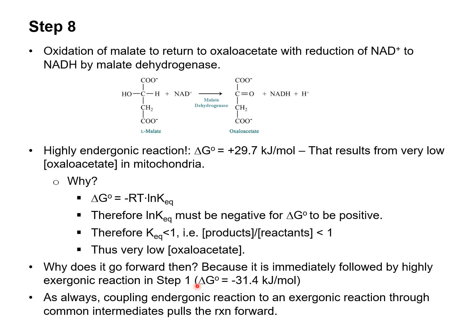And that delta G naught value is minus 31.4 kJ per mole, so even when you add these two delta G naught values, it's going to end up negative. So they can still have enough energy to pull this reaction forward. As always, coupling an endergonic reaction to an exergonic reaction through common intermediates will pull the reaction forward.